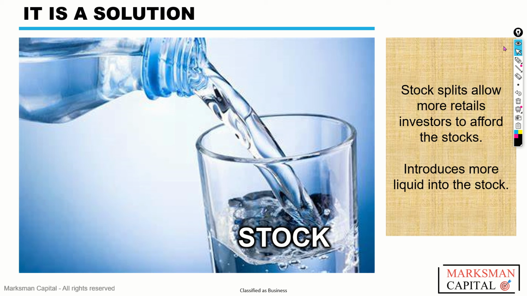When more retail investors are able to afford it, there'll be more liquidity. You have more willing buyers and more willing sellers, so that suppresses volatility and also reduces the spreads.